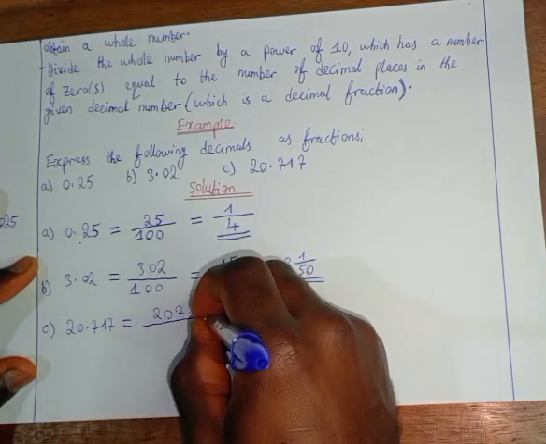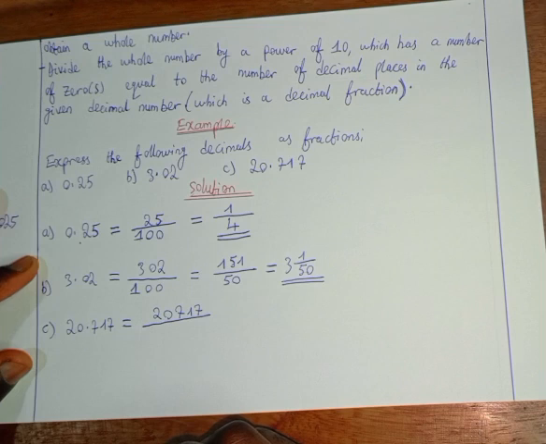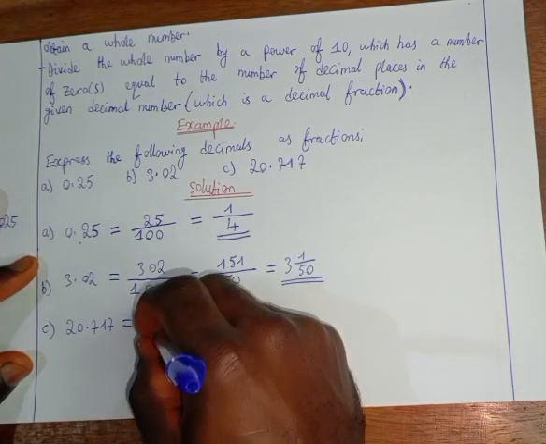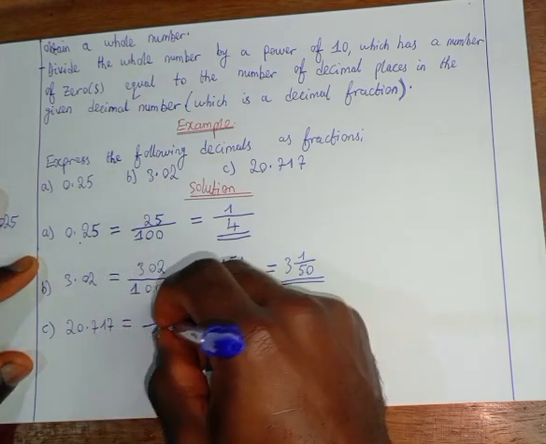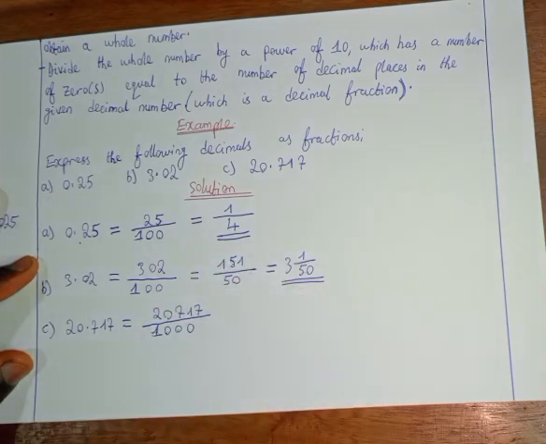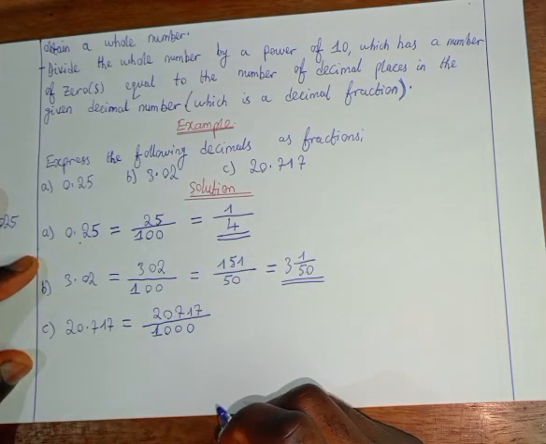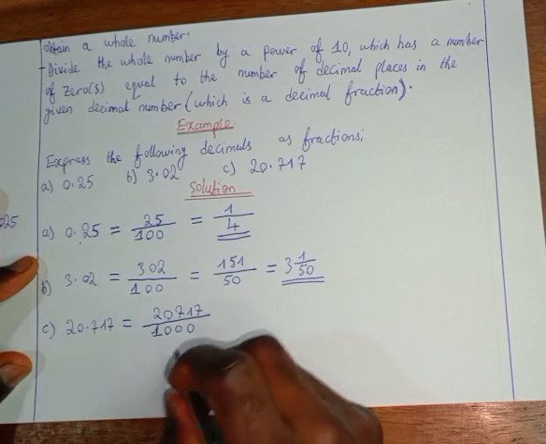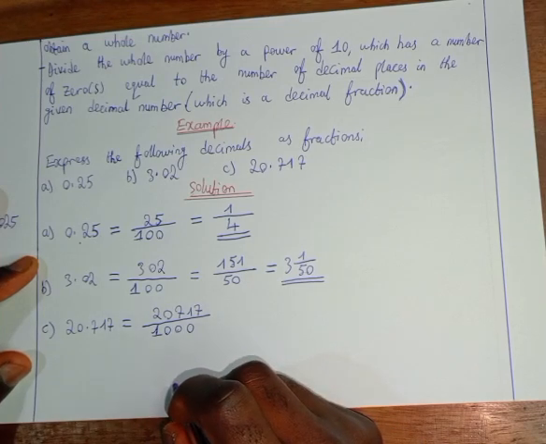Next, we are going to divide by a power of 10 which has the number of zeros equal to the number of decimal places. It means 1 with 1, 2, 3 zeros. So this will simply give us 20,717 over 1000, which is an improper fraction.